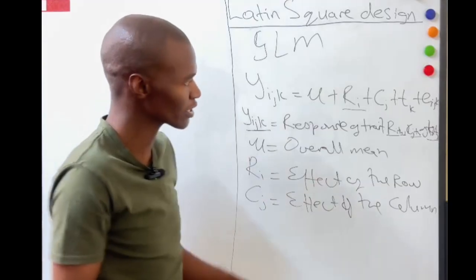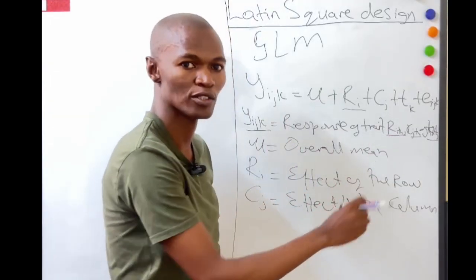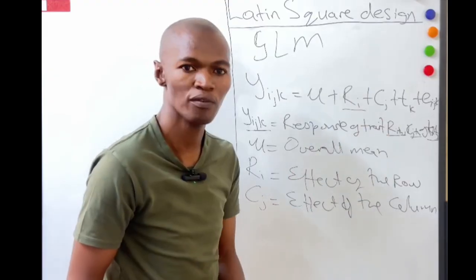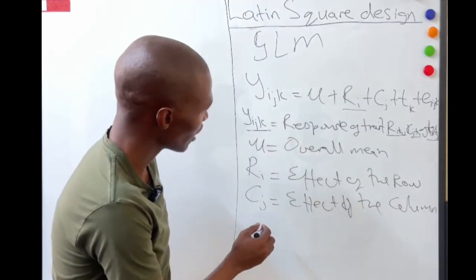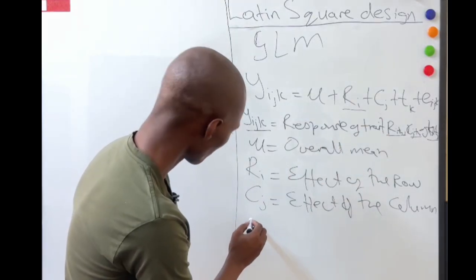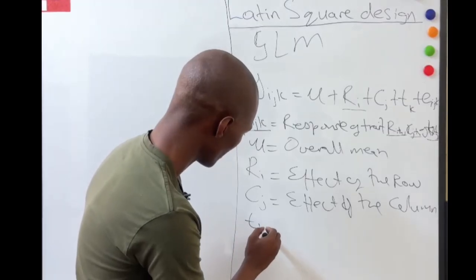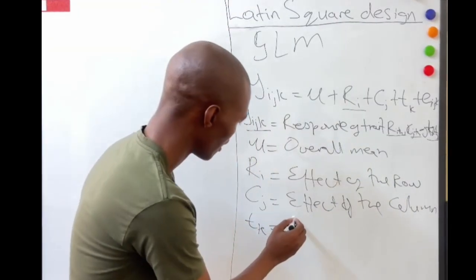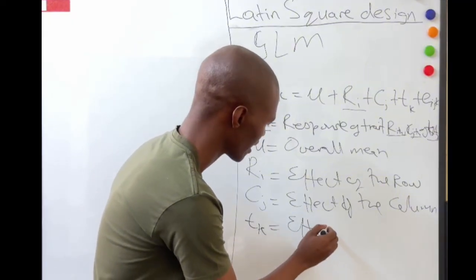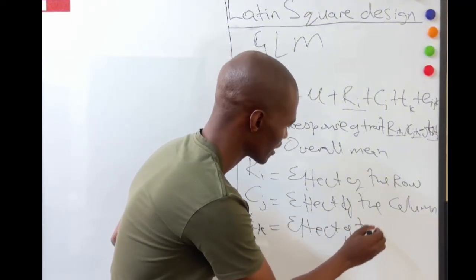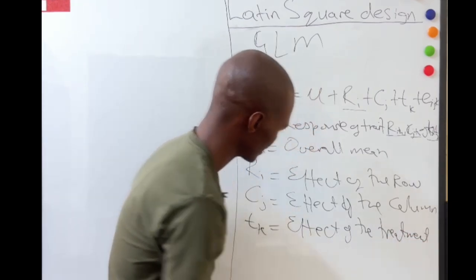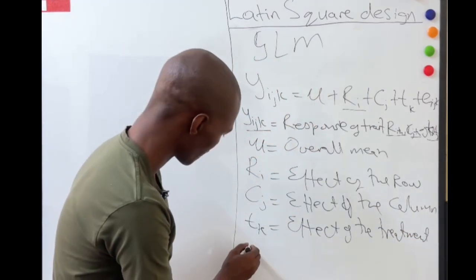When you are analyzing your data, you have to apply this model so that you can see whether there is any effect of a column, and whether there is any effect of a row. Then the last one is Tk. Tk is the main effect because it's the effect of the treatment. That is your interest. Then we have the error.